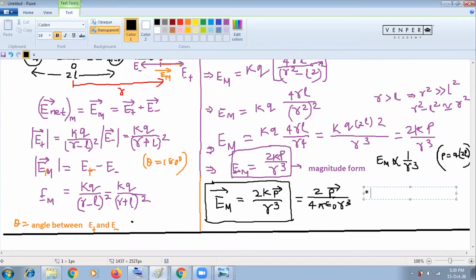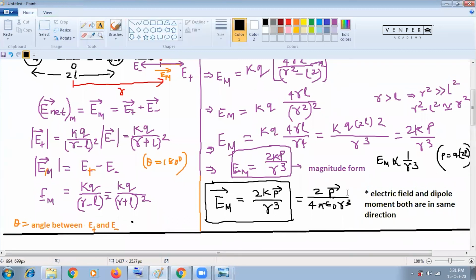Here you can write electric field and dipole moment both are in same direction. So this also you can write.